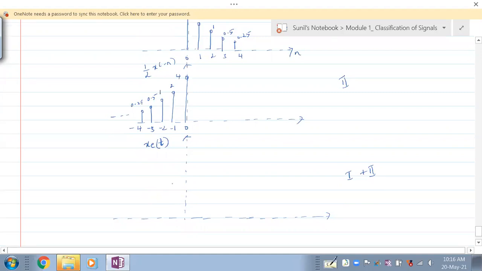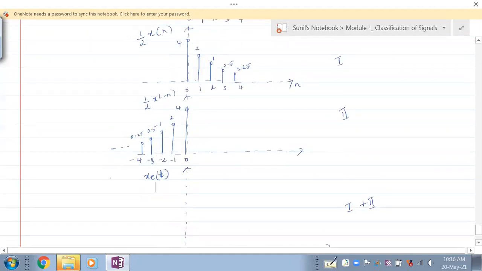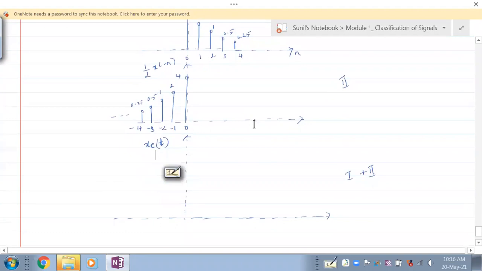Say at 0, what is happening? Let's see. At 0, you have 4 here and 4 here. So 4 plus 4 would be 8. So get that 8 first. So this is 8 at 0. Then 2 at -1 will be like this.